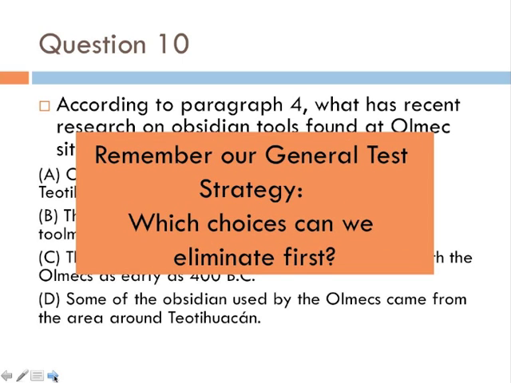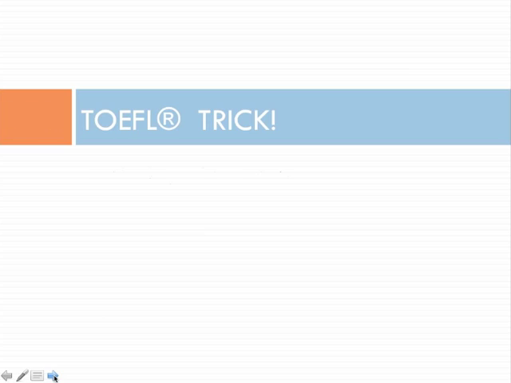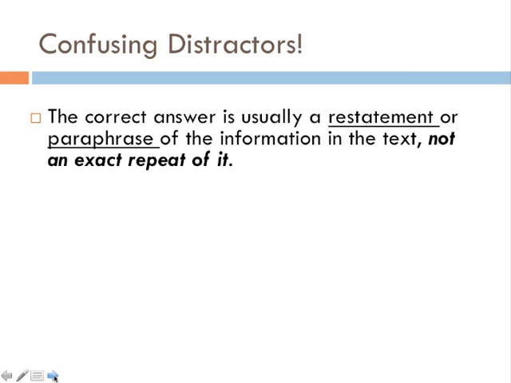Now, remember our general test strategy. Which choices can we eliminate first? Well, again, part of the idea is to think about how is the test trying to trick us? If we go back to the general test strategy, we think about the idea that there are going to be answer choices that are going to distract us. So let's look through some of the ways that the TOEFL tries to distract us.